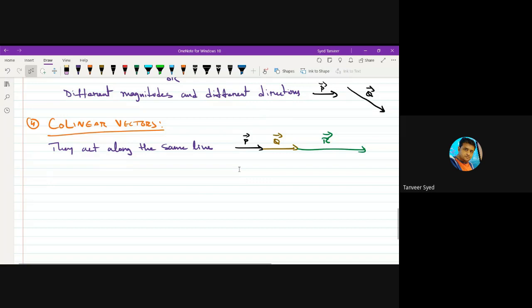Then we say that they are collinear vectors. Magnitudes might be same, magnitudes might be different. Next, coplanar vectors.